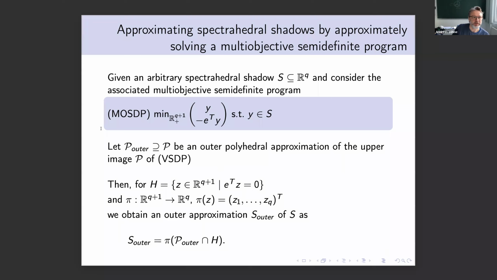I can only say that in combinatorial optimization, this is a usual technique: to go to a higher dimensional space to get an easier representation, to reduce the number of inequalities, for instance, for combinatorial optimization problems. This is called lifting there. They lift the problem to make it easier.